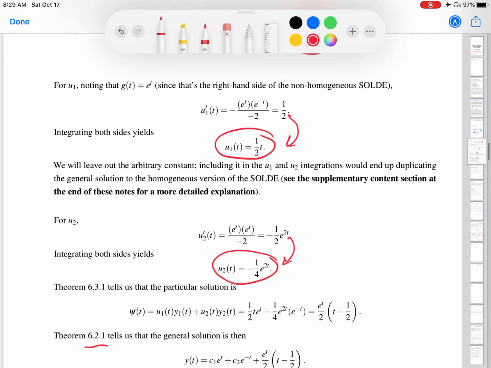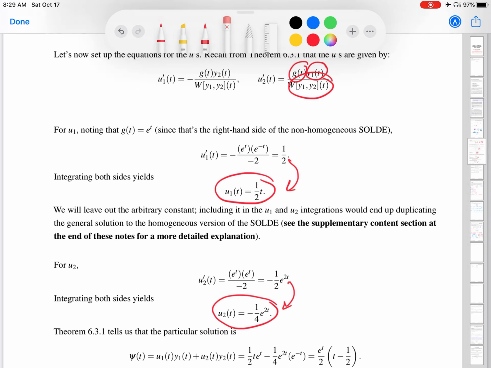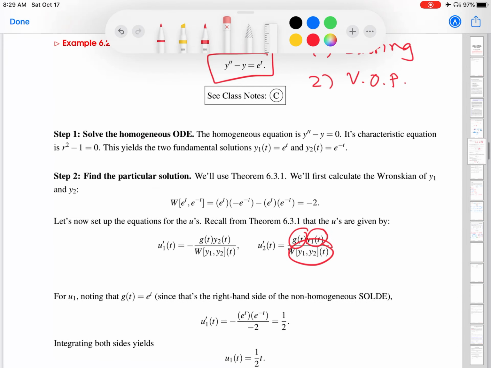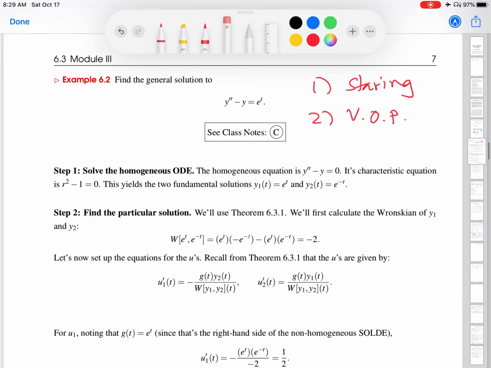But again, if the g of t and other functions that are involved here are complicated, you might be integrating to solve for u1, u2, and you might be doing that for a while. So you definitely want to avoid variation of parameters if at all possible, which was the intent of talking about at least one other method to find psi.